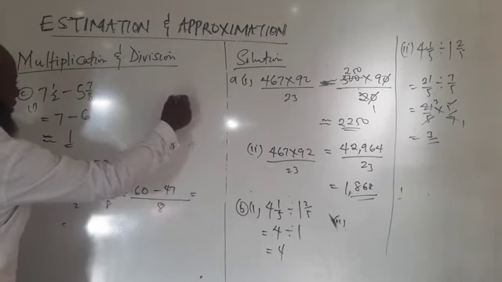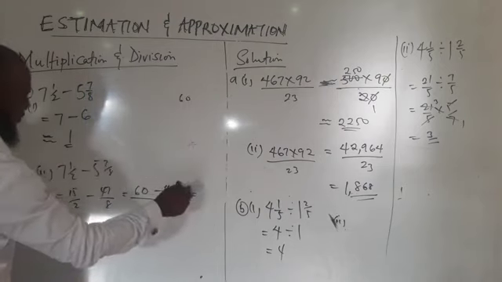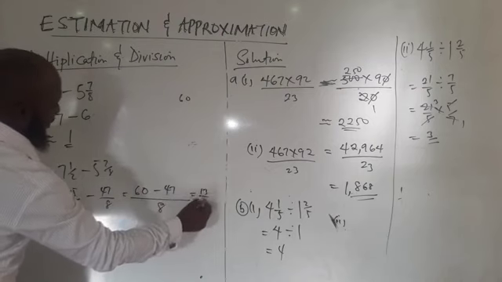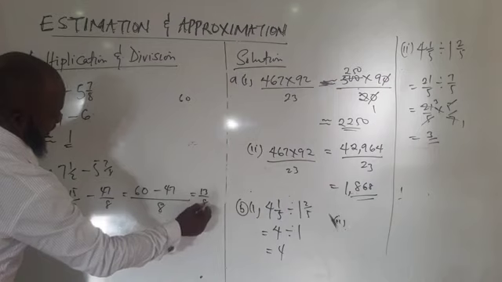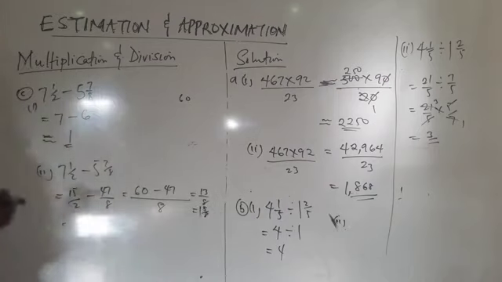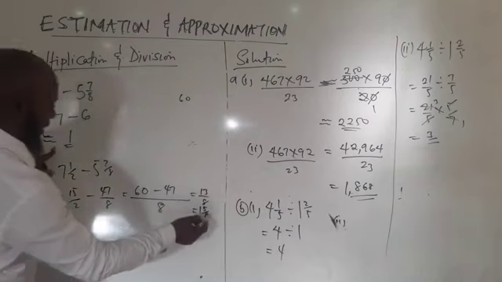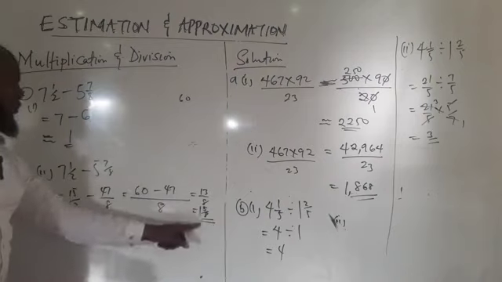So 60 minus 47, that is 13 over what? 8, which is one whole number 5 over 8. I hope this is very clear. 1 over 5 over 8. So you can see they are not the same. This one whole number 5 over 8.